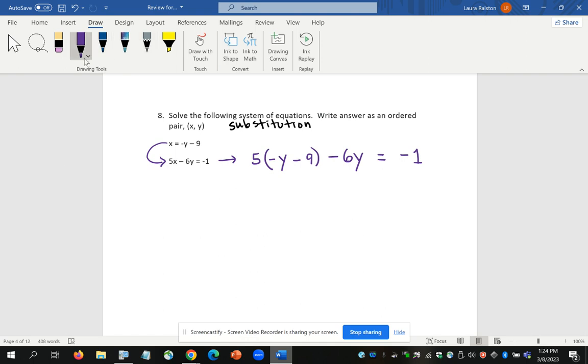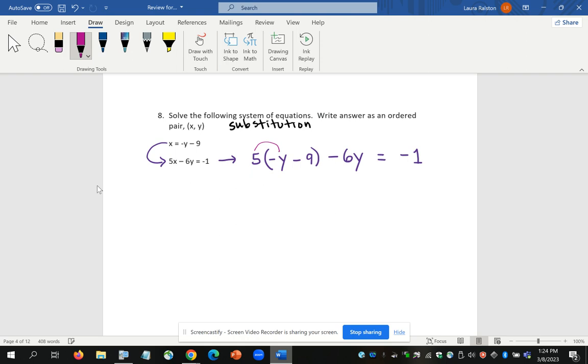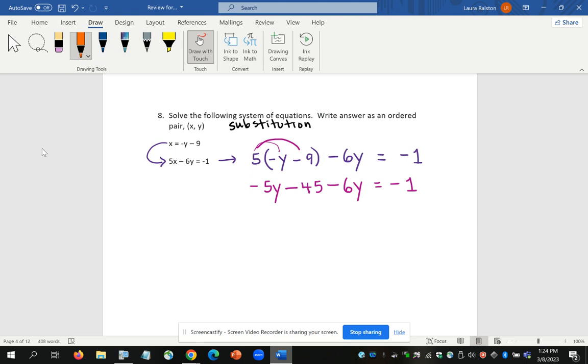Then I'm going to distribute and collect like terms. So I have 5 times negative y is negative 5y. 5 times minus 9 is minus 45, minus 6y equals negative 1. Combining like terms, negative 5y minus 6y is negative 11y, minus 45 equals negative 1.